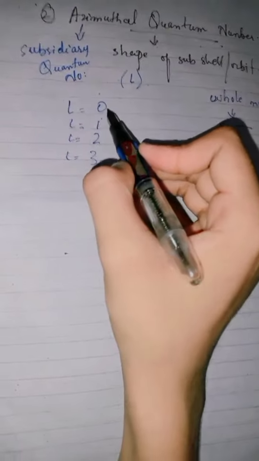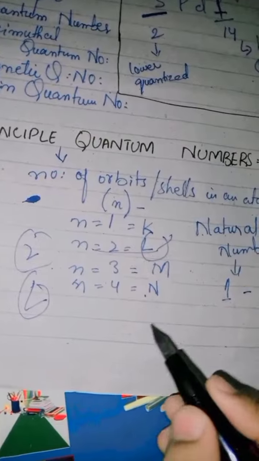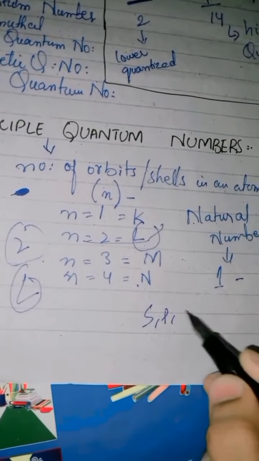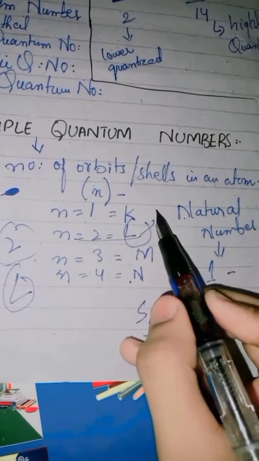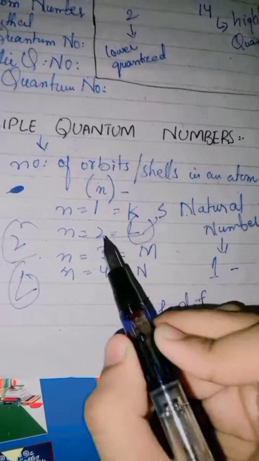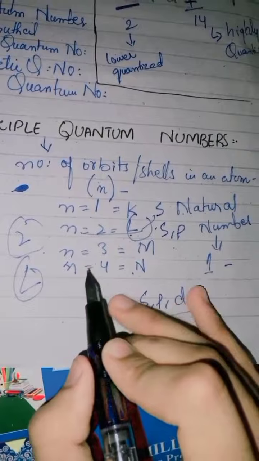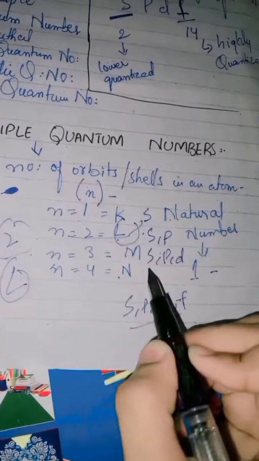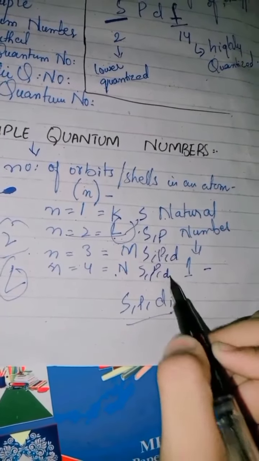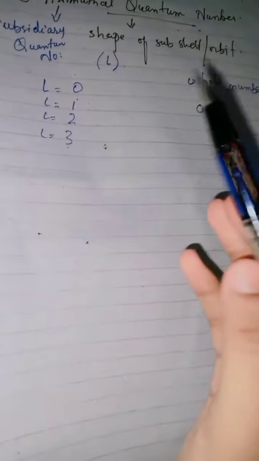We know the subshells are S, P, D and F. In K shell there is only the S subshell, in L shell we have S and P subshells, in M shell we have S, P and D subshells, and in N we have S, P, D and F subshells. So the azimuthal quantum number starts from 0.